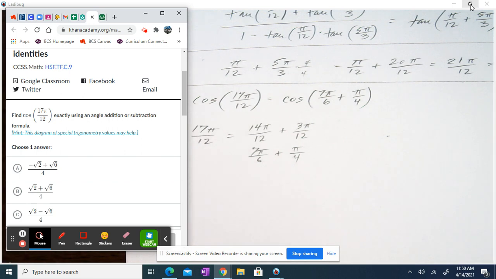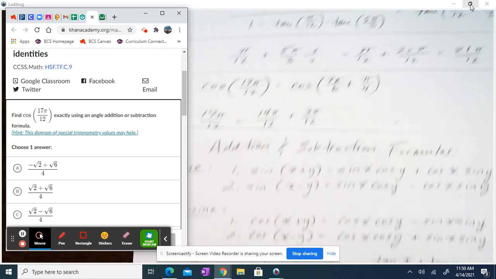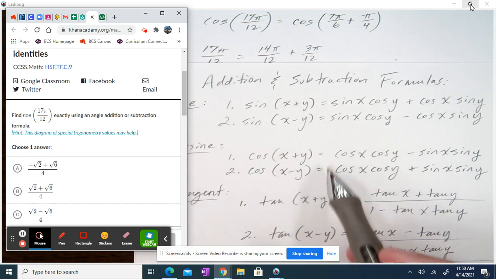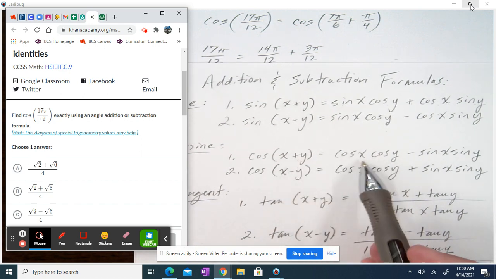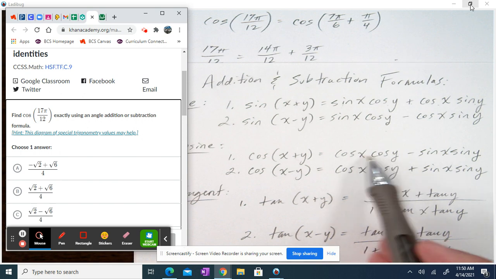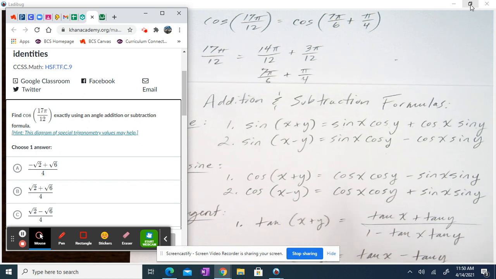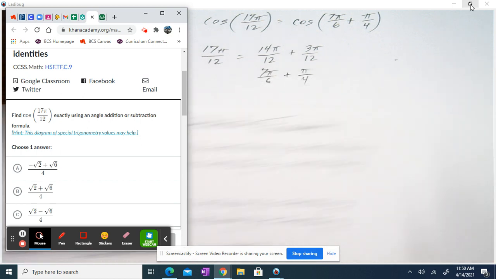Now going to the formula for cosine of the sum of two angles. So that's this one. It's cosine times cosine of the two angles minus the sine times sine of the two angles. All right, so let me write that out. I'm going to shrink this down so I have a little more room.